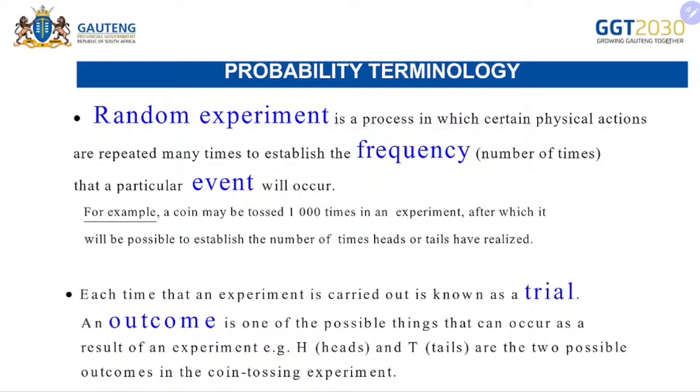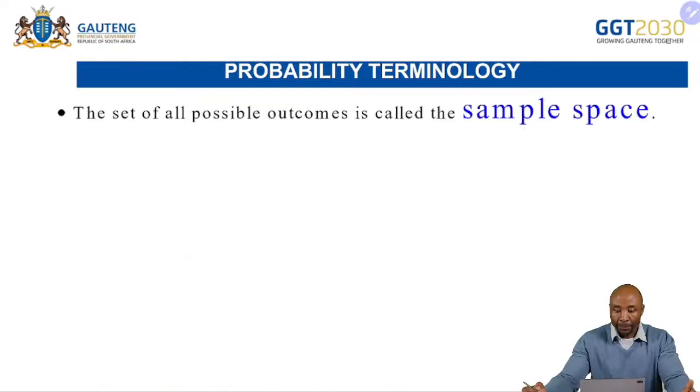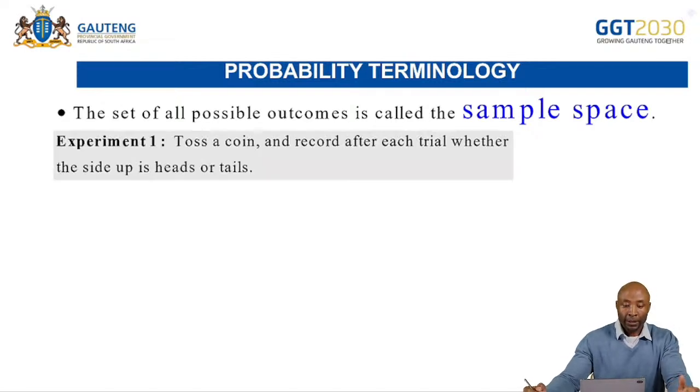And in this case, we record, for example, if it's a coin, heads and tails. If it's a dice, you know the outcomes 1, 2, 3, 4, 5, 6, and we count the number of times each lands. Now, the set of all possible outcomes is known as the sample space.